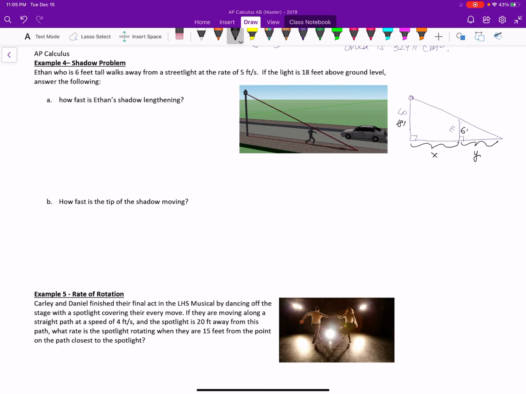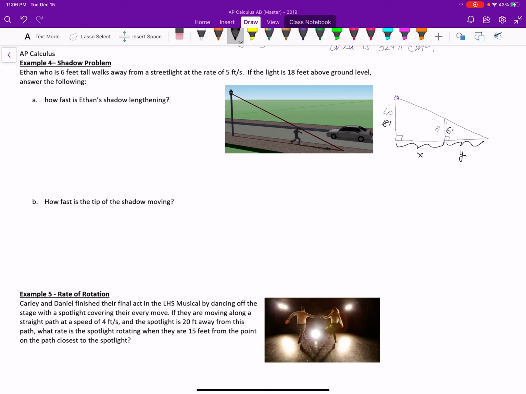Then it says, how fast is Ethan's shadow lengthening? According to what I've defined here, I want to know what dy/dt is equal to. That's the question, right?